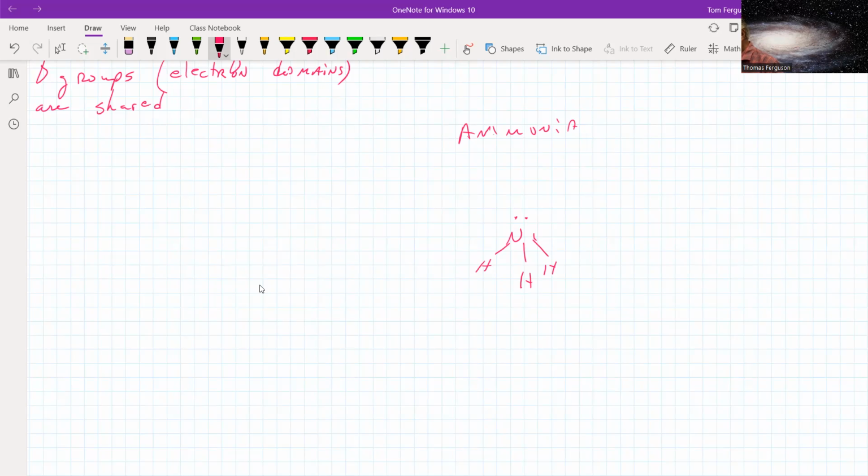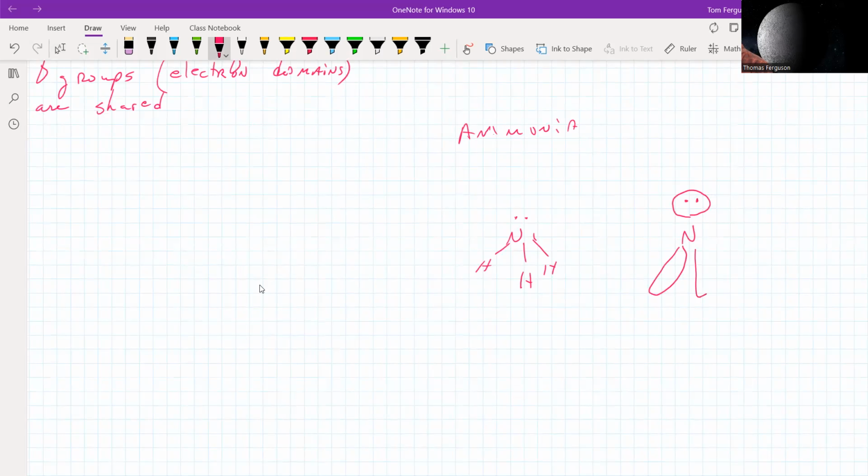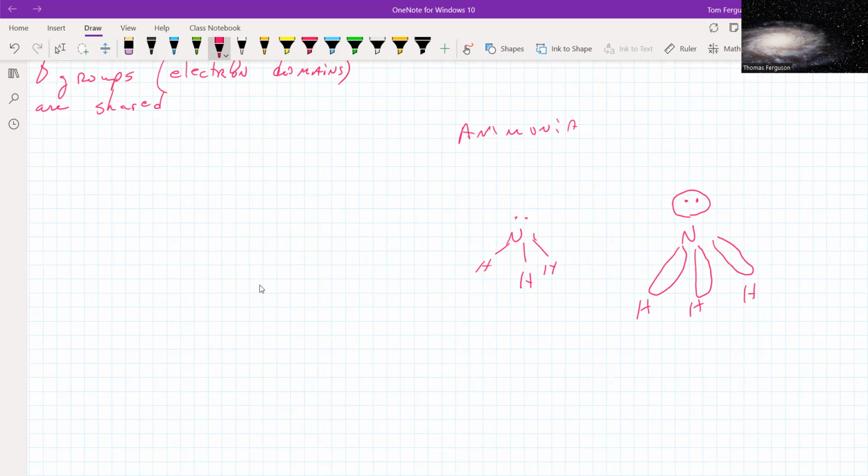Okay, so we have some elongated electron sharing here. It'll look like this. But the electron pair, notice, is short and squat. In other words, the density of the electrons now are closer to the central atom.